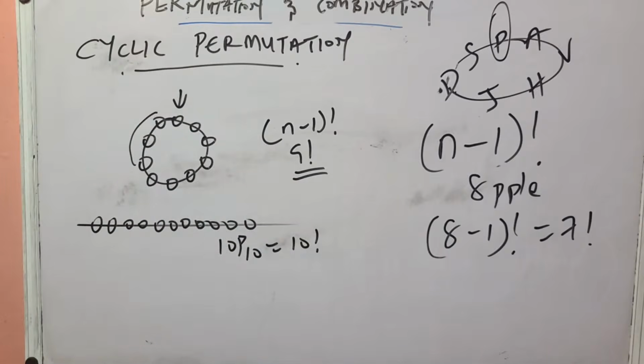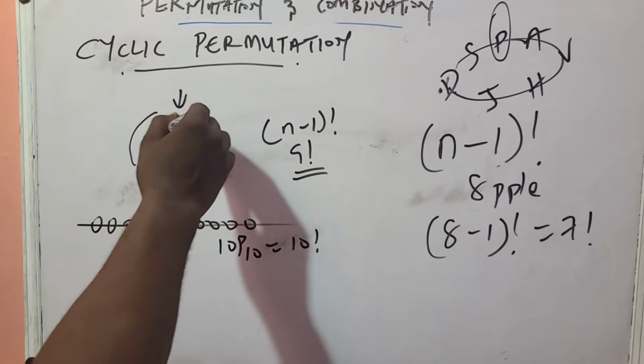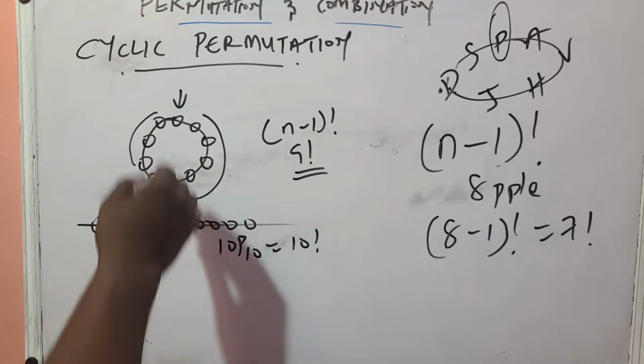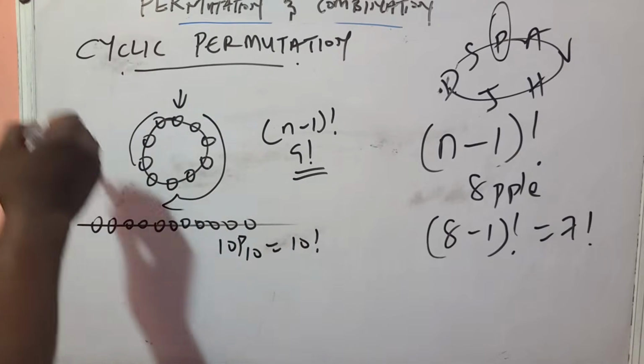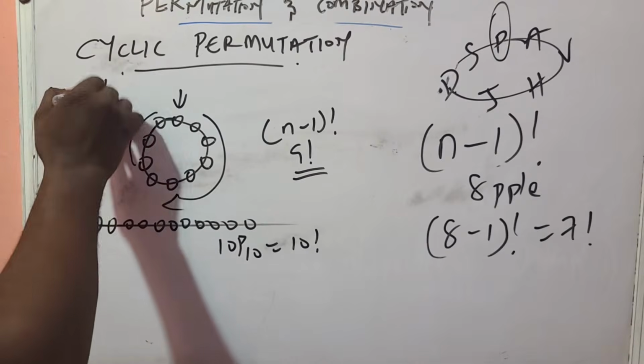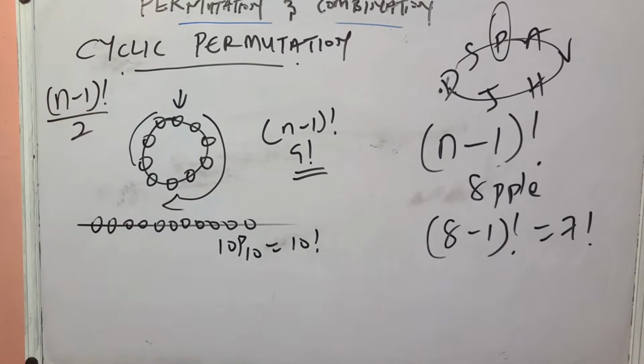It's not like just moving through one direction. This direction and the other direction are considered the same. So in that case, you have n minus 1 factorial over 2.